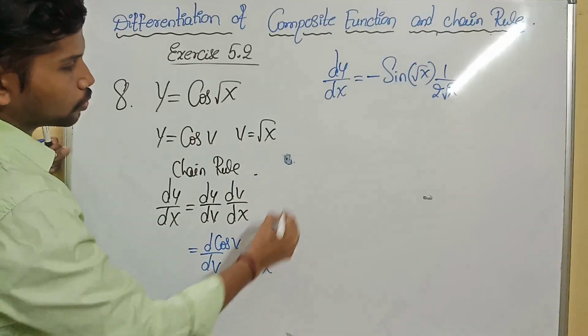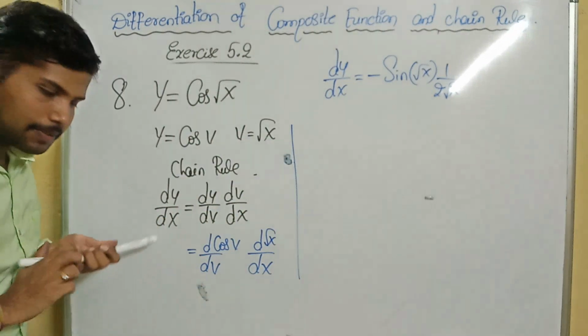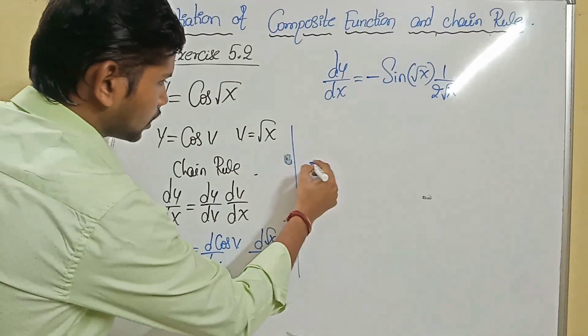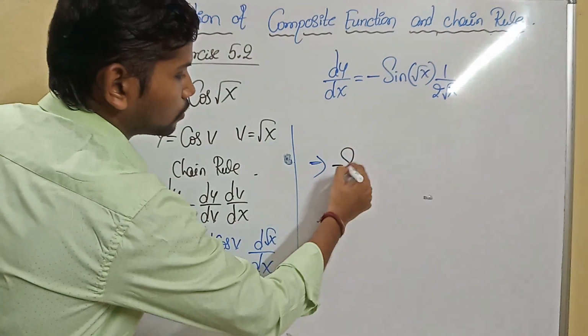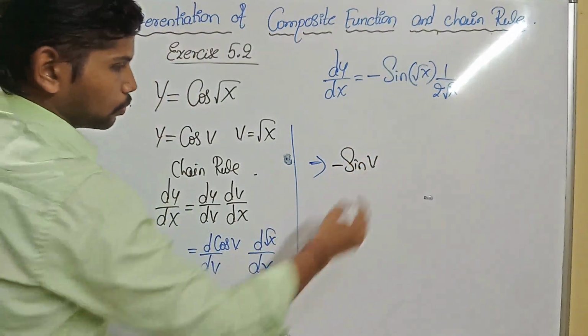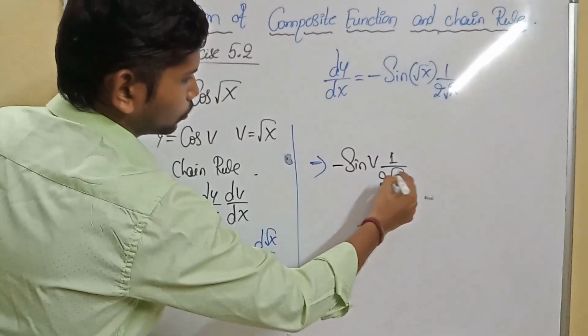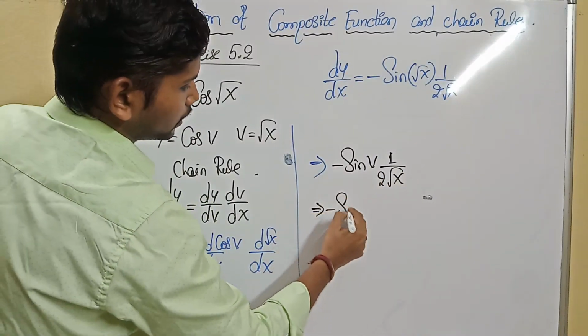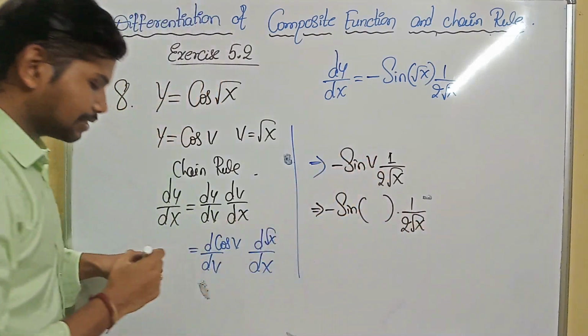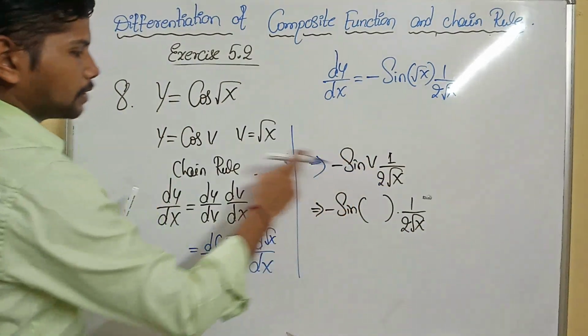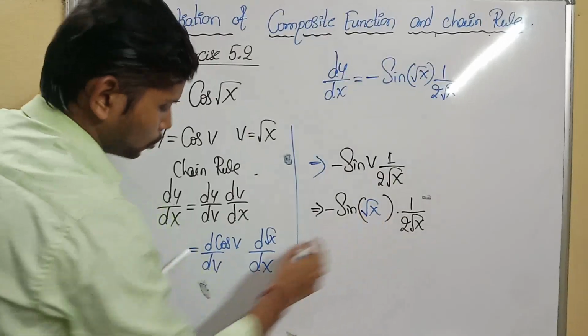It is root x. Got it? Okay. Then after this one, what is cos v with respect to v? Derivative, minus sine of v, root x derivative 1 by 2 root x. It will be minus sine of v, the value I have to substitute, 1 by 2 root x as it is. What is the value of v? Yes, v value is root x.